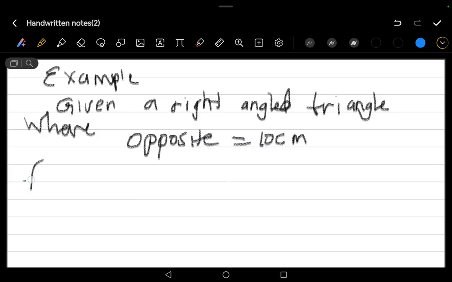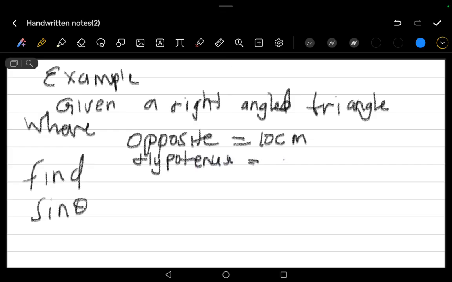And then they say, find sine theta. And then you're also given the hypotenuse, which is, no, the hypotenuse is 10 centimeter, and this one is 6 centimeter. I want you guys to find sine theta from the given information and then give me the answer. I'm giving you 2 minutes.